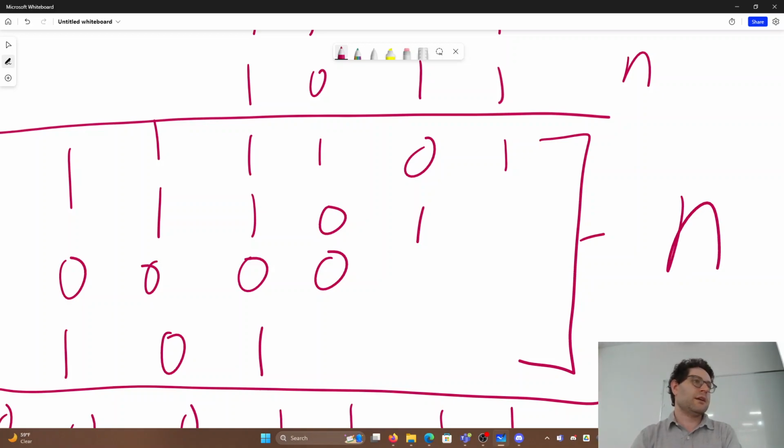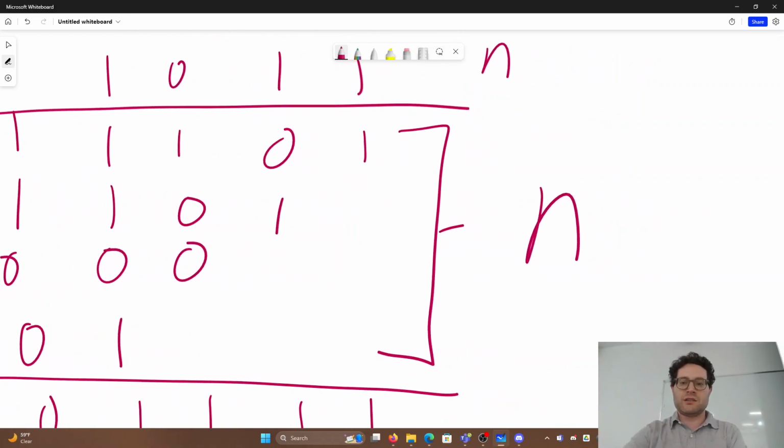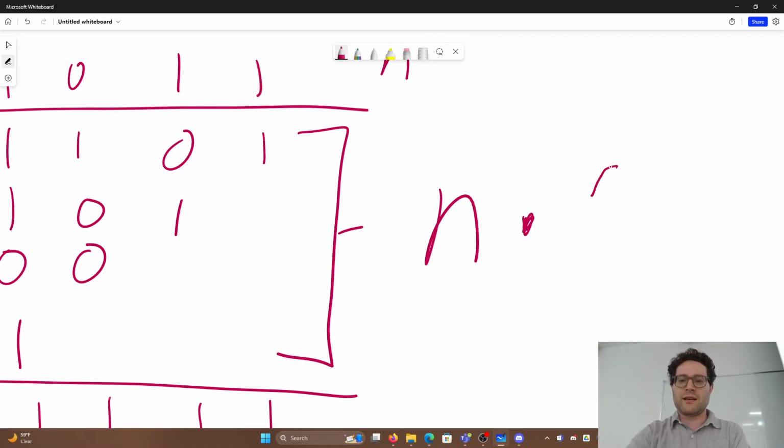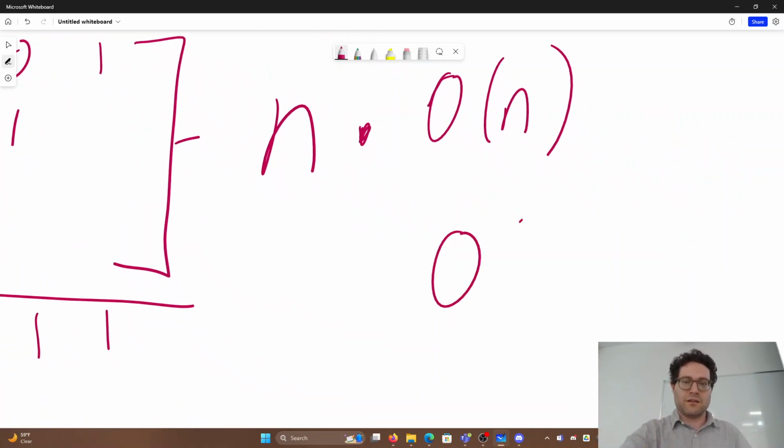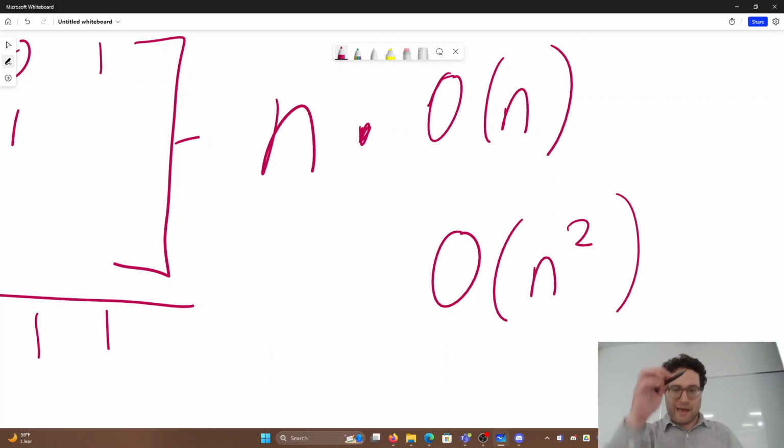Each addition operation takes how long again? Yep, it takes O of n time. So multiplication takes how long? O of n squared.